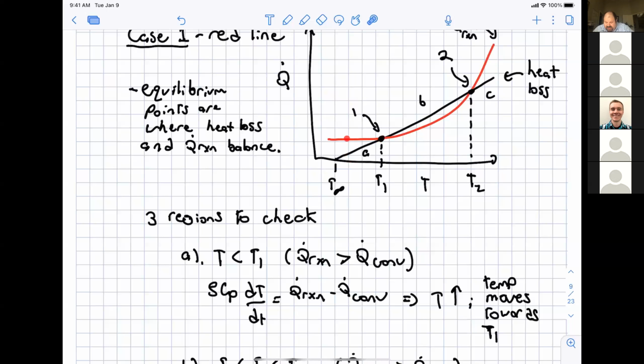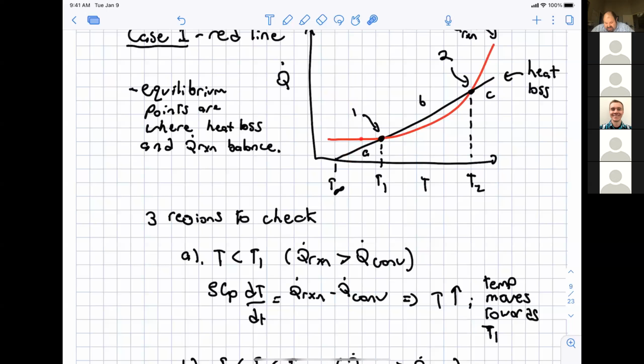And so those terms are not balanced, and so the temperature goes up. And so it'll go up a bit more. And because of the shape of the Arrhenius term, basically the slope here is very flat. So as you increase the temperature, you don't increase the chemical reaction rate that much. But you increase the rate of convective heat transfer basically quite a bit.